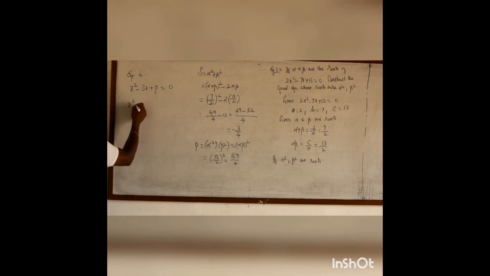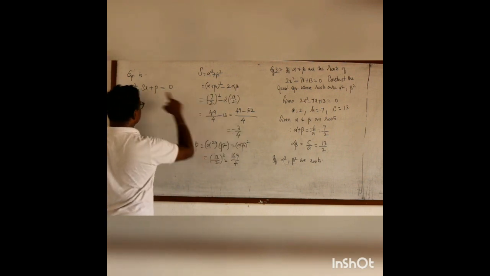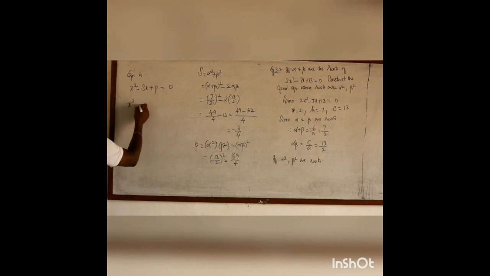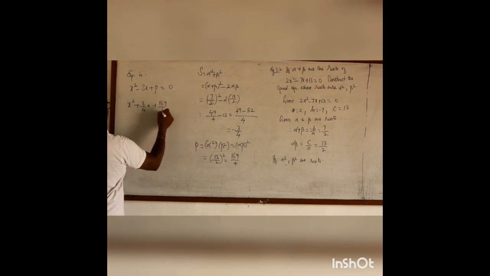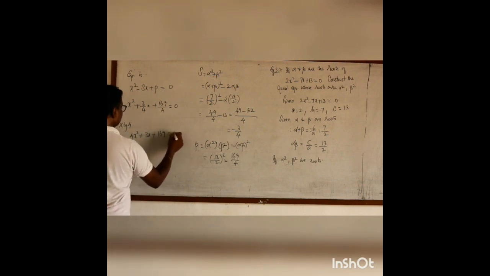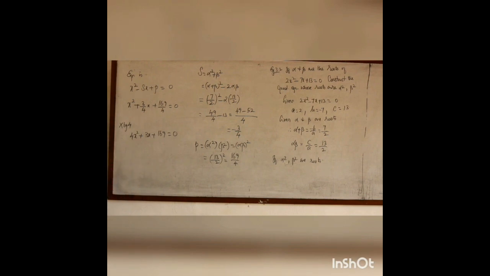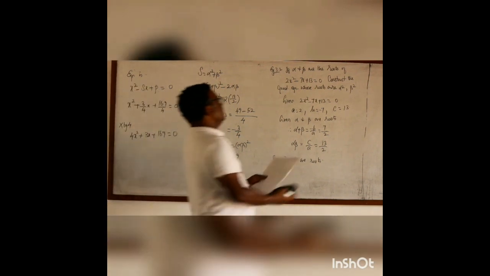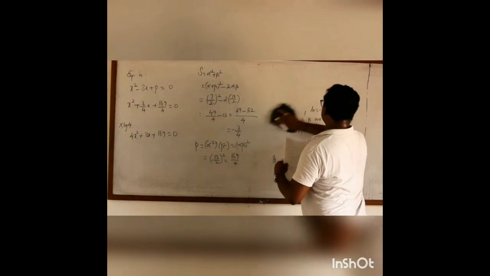That is x square. S is minus 3 by 4, so minus of minus 3 by 4 is plus 3 by 4x plus 169 by 4 equal to 0. When we multiply by 4, we can avoid this denominator. So it is 4x square plus 3x plus 169 equal to 0, which is the required quadratic equation. With that, example 3.2 is over.